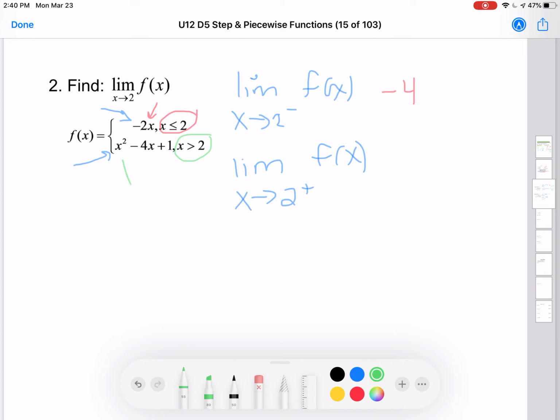So let's plug in 2, every place we see an x, carefully, and we should get -3. Now these two guys are different. If they're different, the limit does not exist. There is no same y value that it's approaching. So you can say DNE, or you can use that symbol.